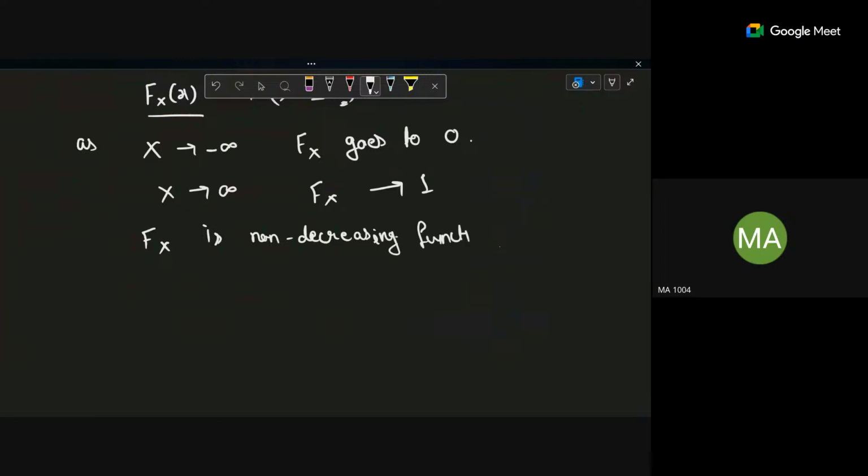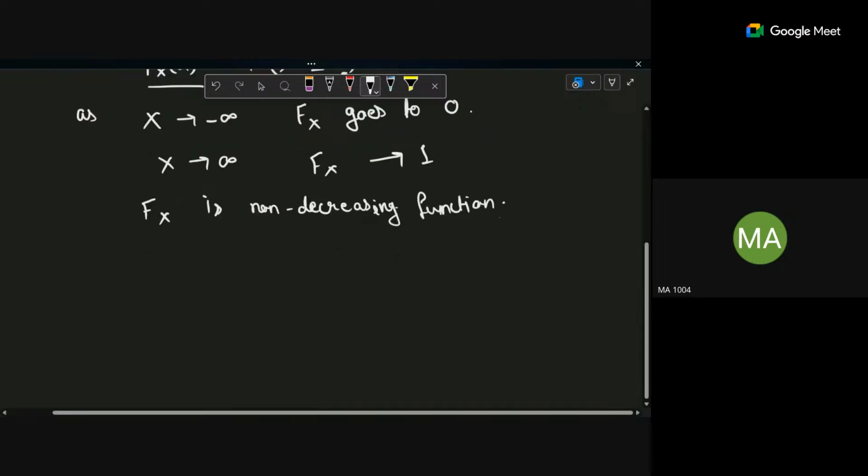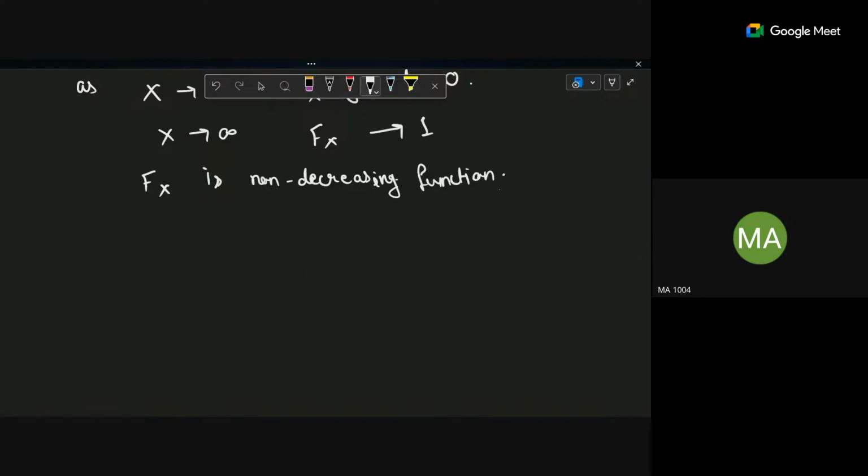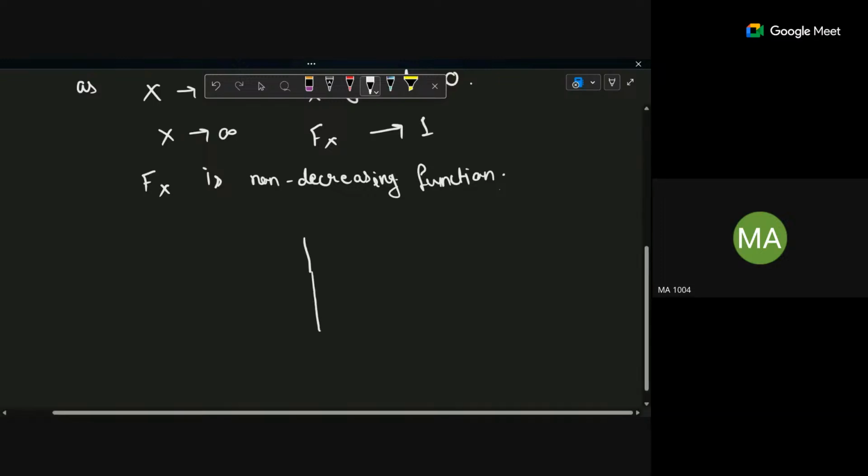Non-decreasing means it may be possible that sometimes your CDF will look like a stepwise function, but it will never decrease. It might look something like this, if this is 0, this is 1/2, and this is 1.